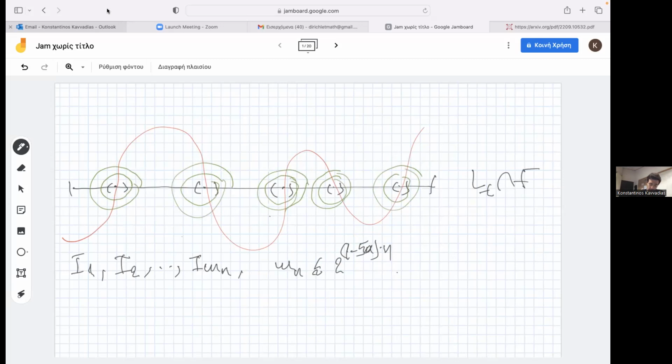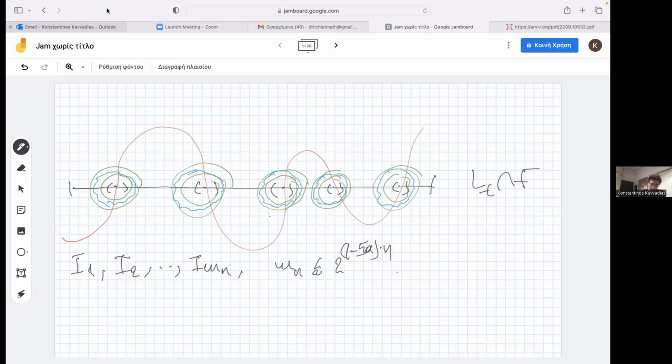And we also have the corresponding blue paths disconnecting the inner from the outer boundary of the annulus. So the point here is the following.